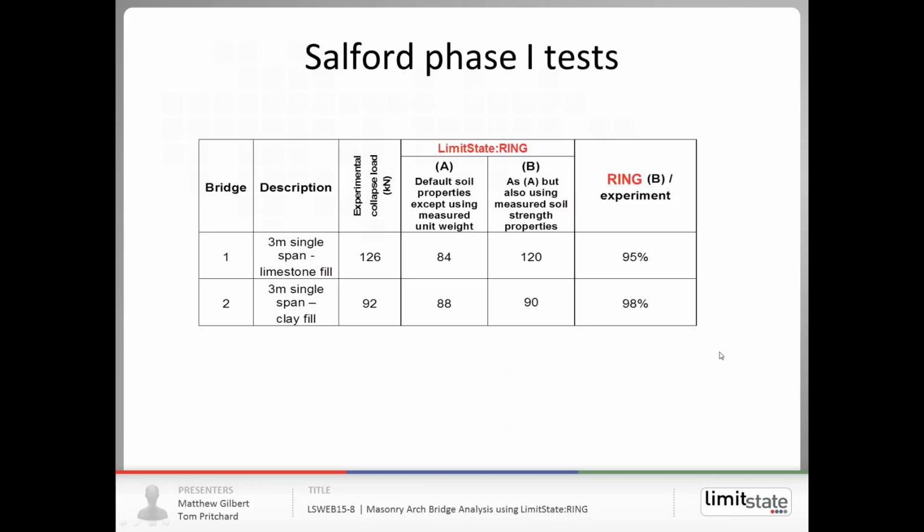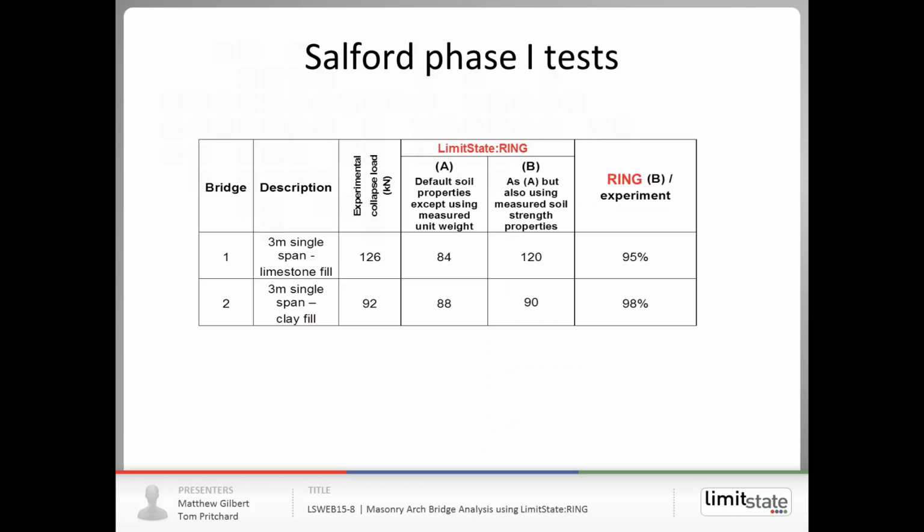One of the issues with those Bolton tests was that we had spandrel walls which obscured our view of the fill, and also there will be some frictional restraint between the spandrel walls and the fill, which is difficult to quantify.